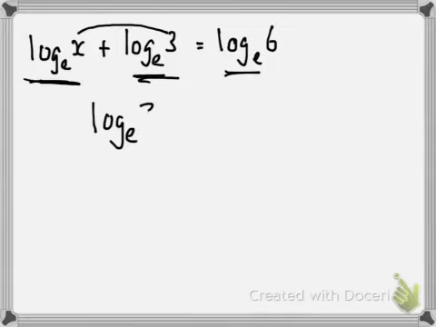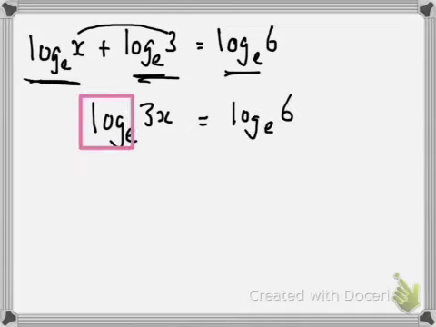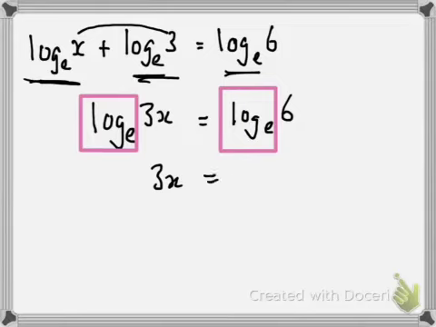So we get log 3x to the base e equals log 6 to the base e. Now we've got log base e on that side, log base e on that side. 3x equals 6, x equals 2.